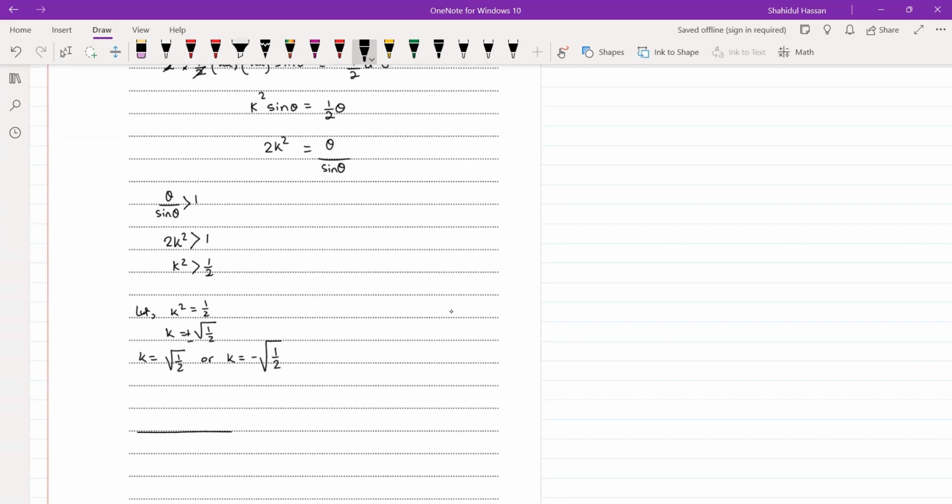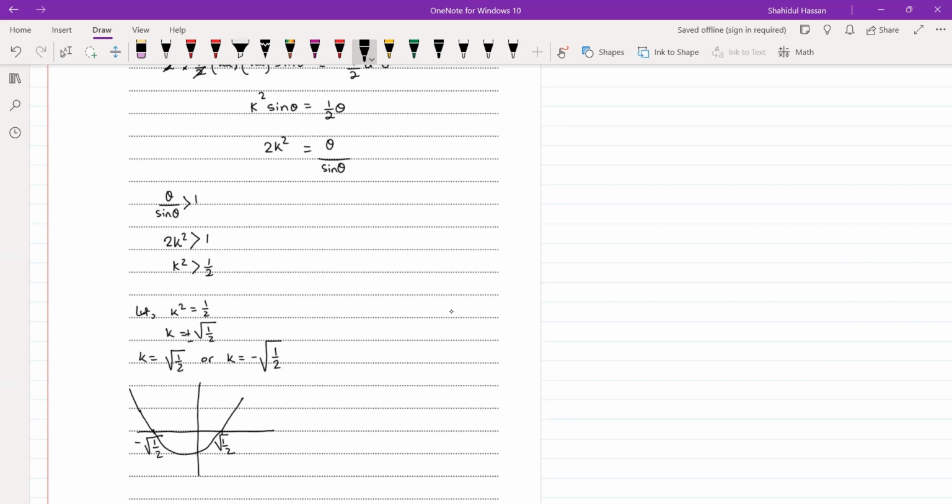Now let's sketch a graph real quick. Here we have square root of half, and here we have negative square root of half. We're going to see a parabola here, smile face, because the coefficient of k squared is positive.